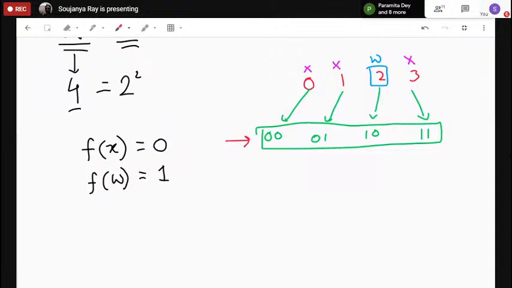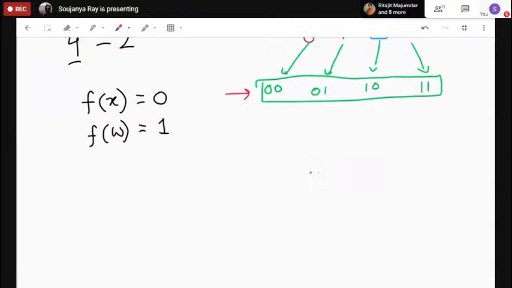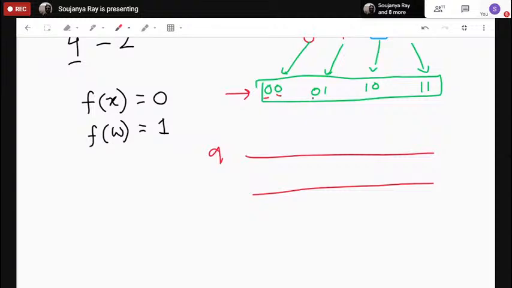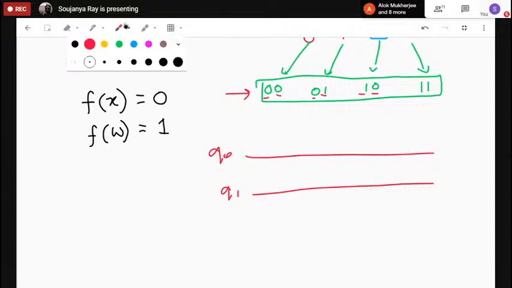If I briefly draw the circuit, we'll be drawing the circuit in detail later. But see, as there are 2 bits in every number, we just need 2 quantum bits to represent all these numbers. So you just need 2 quantum bits to represent the 4 numbers.